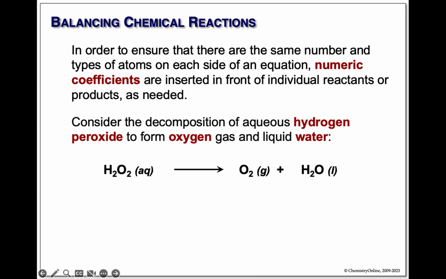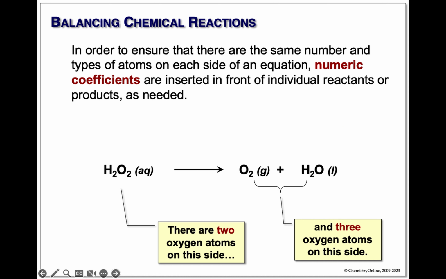What I try to do is come up with either all odd or all even. All even is usually easier. So we want an even number of oxygens on this side and even on that side as a first step.